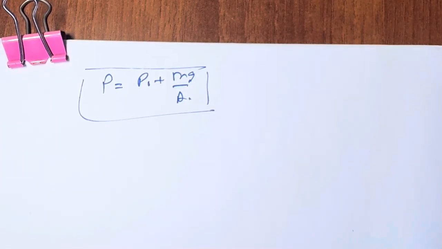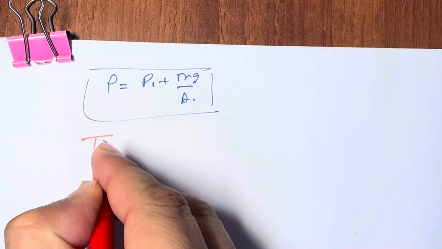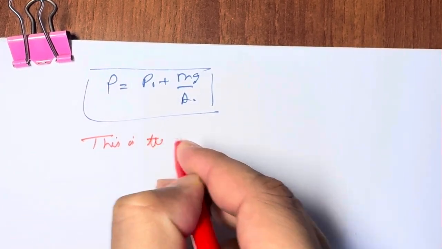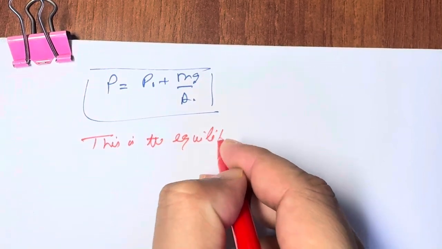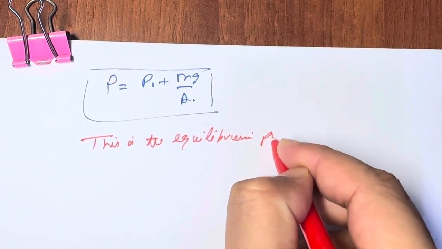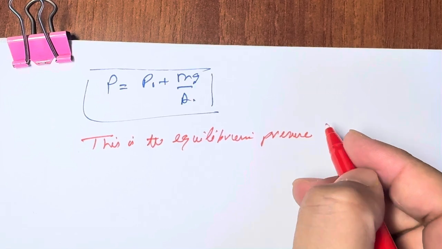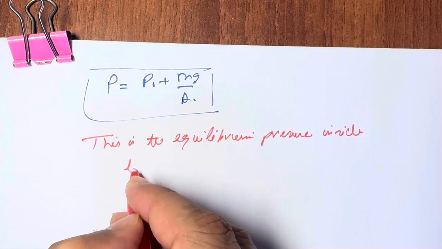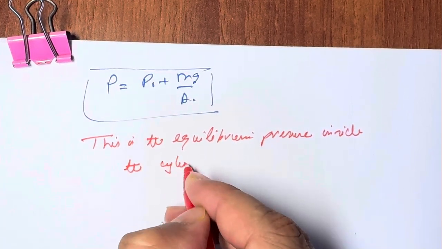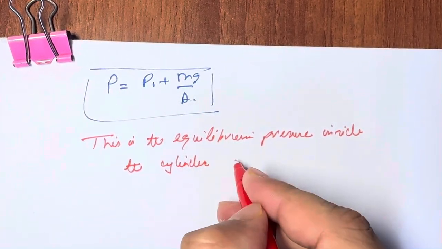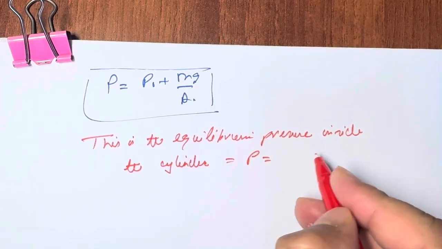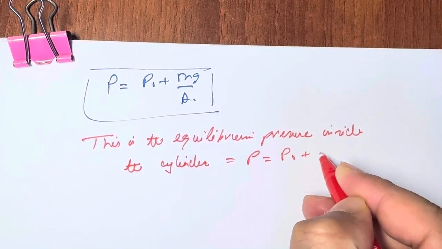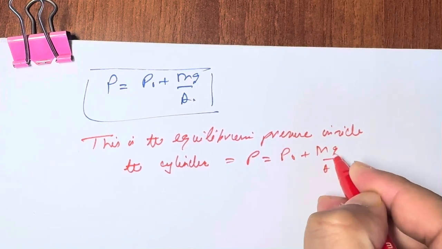So we can say this is the equilibrium pressure inside the gas, inside the cylinder, that is P, and we can write the same formula, P naught plus mg upon A.